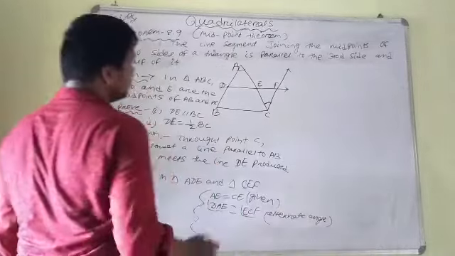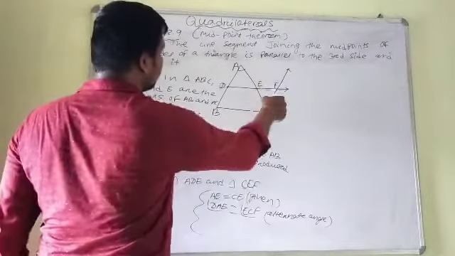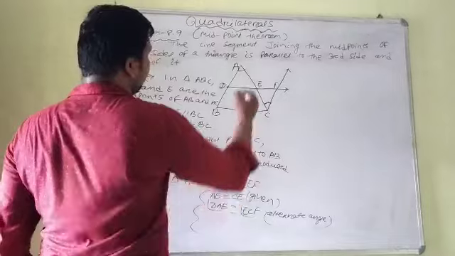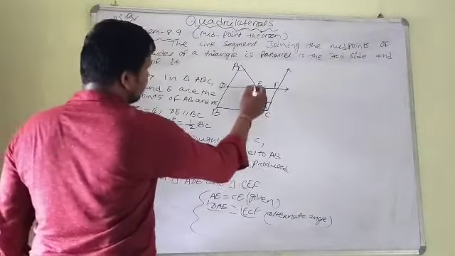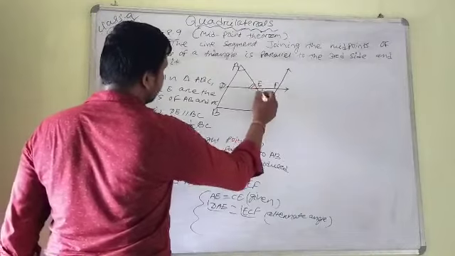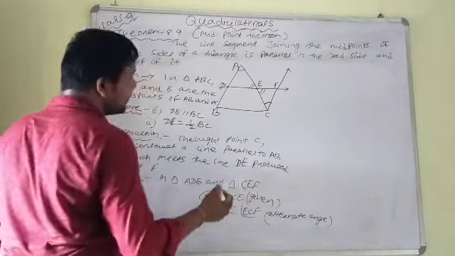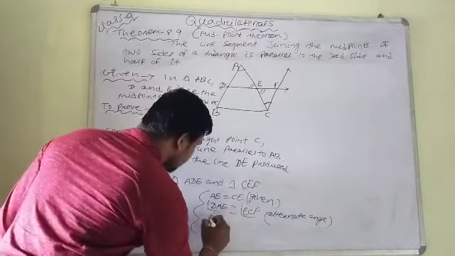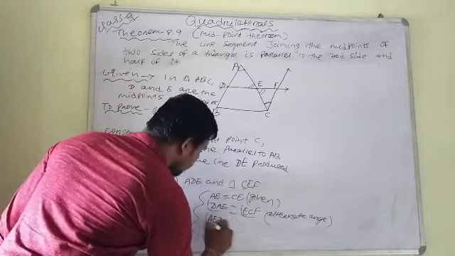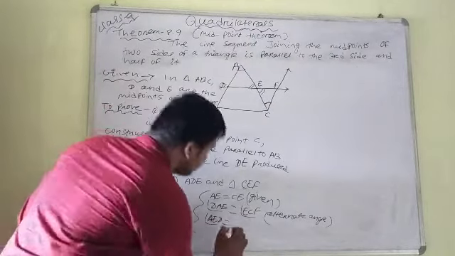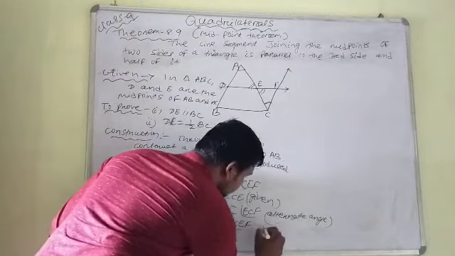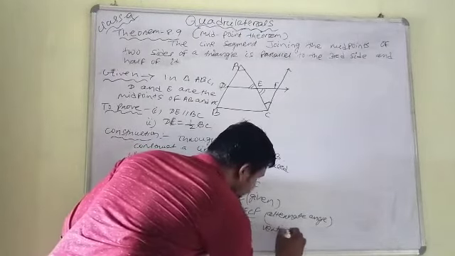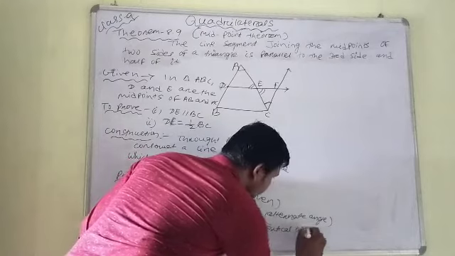Because AB is parallel to CF and AC is the transversal. Now angle AED equal to angle CEF, vertically opposite angles.